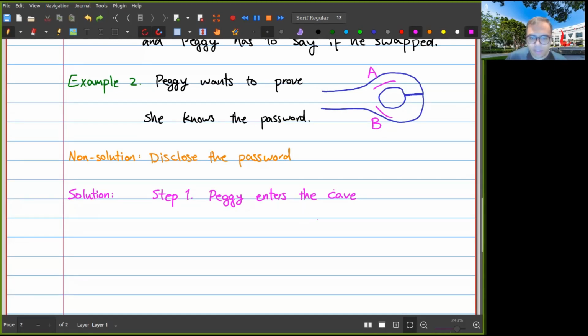Okay, so Peggy enters the cave, choosing either A or B. And this is not visible to Victor.